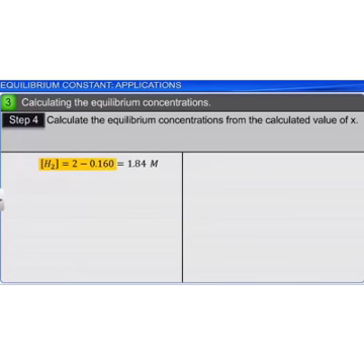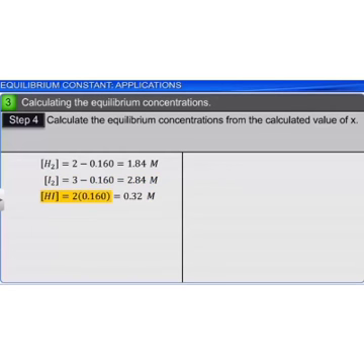In the case of iodine, the initial number of moles was 3, and hence, the equilibrium concentration would be 3 minus 0.160, which is equal to 2.84 moles per liter. And finally, the equilibrium concentration of hydrogen iodide will be equal to 2 multiplied by 0.160, which is 0.32 moles per liter.